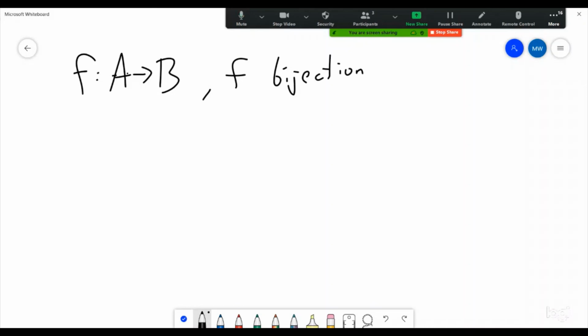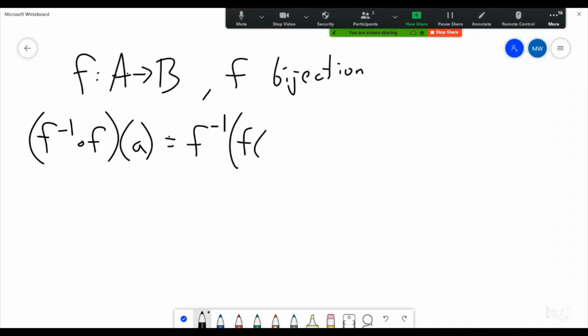So let's see. So we have f inverse of f. So let's just look to see what that does for an element a in A. So that's going to be equal to f inverse of f of a.